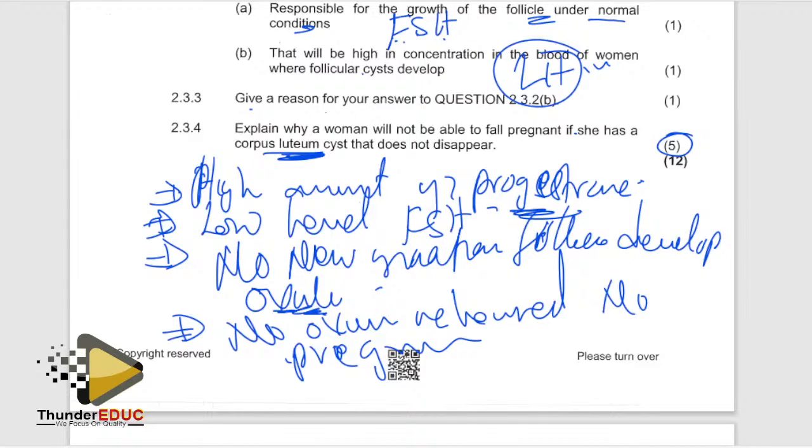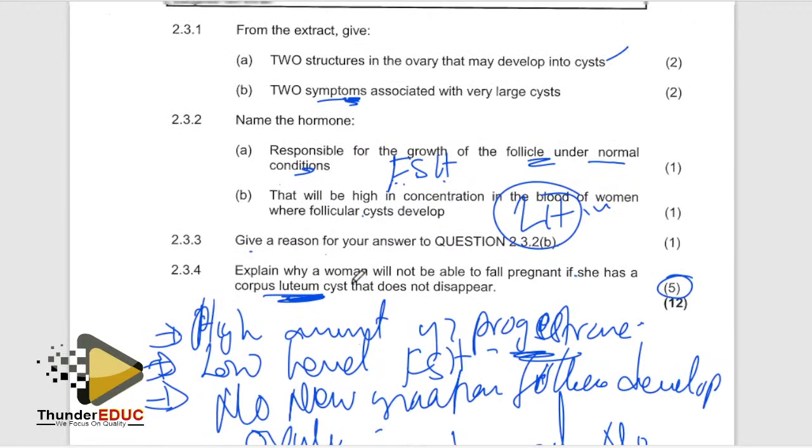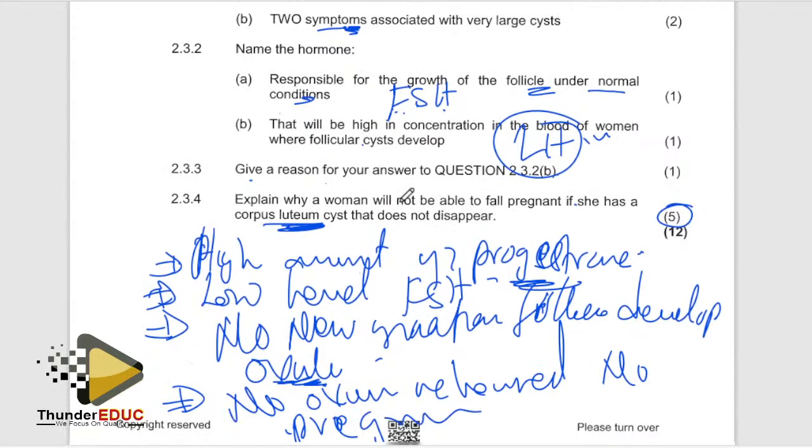I say the blood, not the ovaries. It's estrogen. I don't know which question you're talking about. Okay, they're saying, which concentration in the blood of a woman will... Someone is saying estrogen.